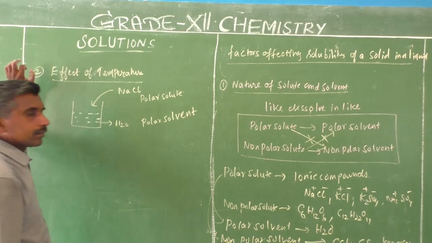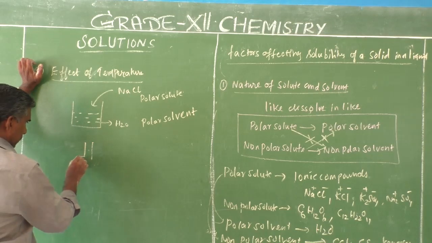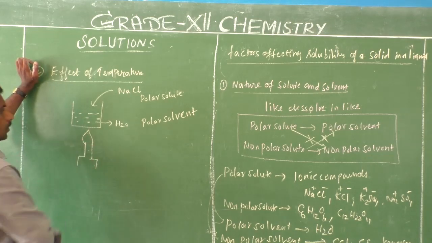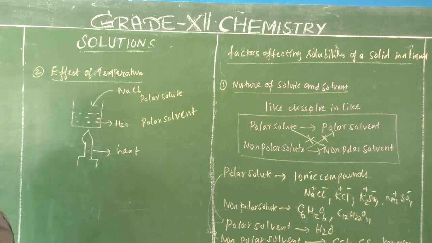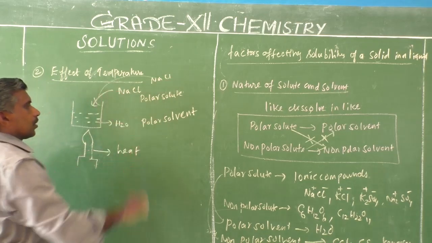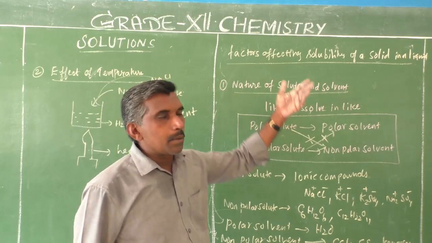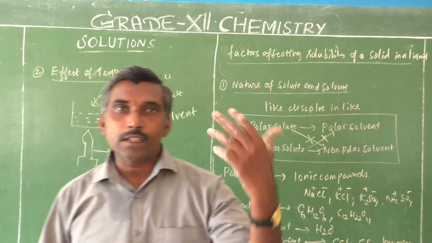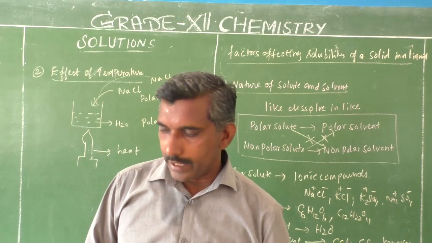After dissolving, now it is heated using a Bunsen burner. Now you add excess solute, it also dissolves. So if the temperature increases, some solubility increases, some does not depend on temperature, some solubility decreases.